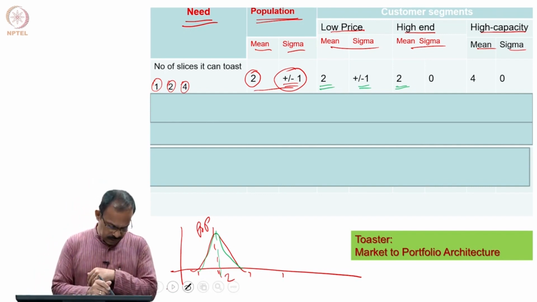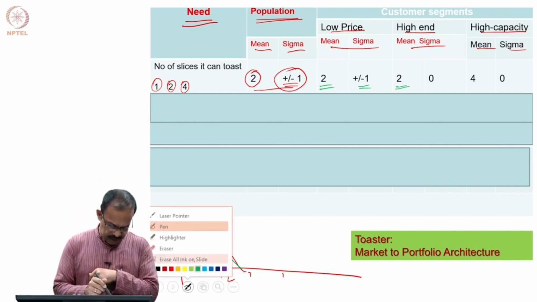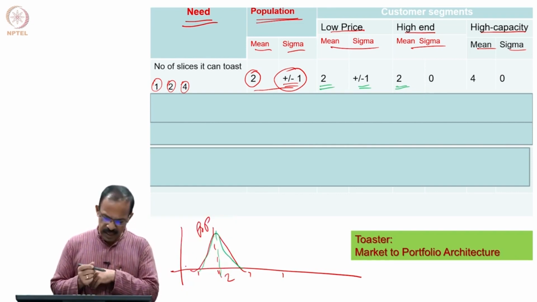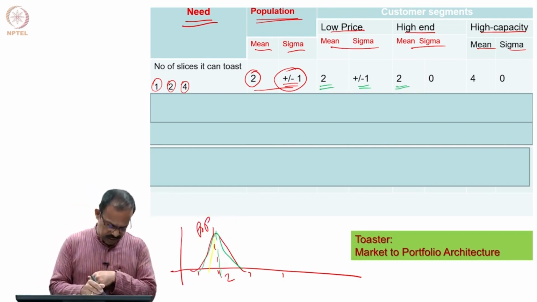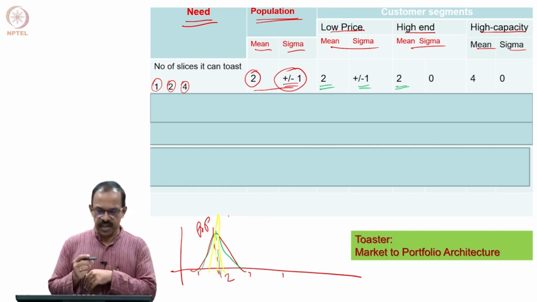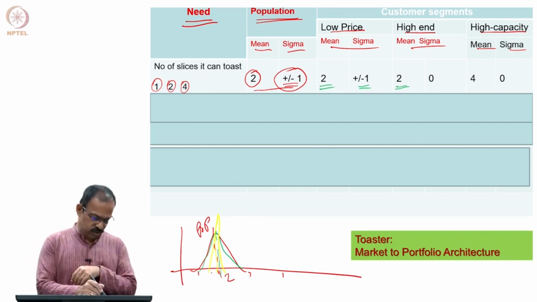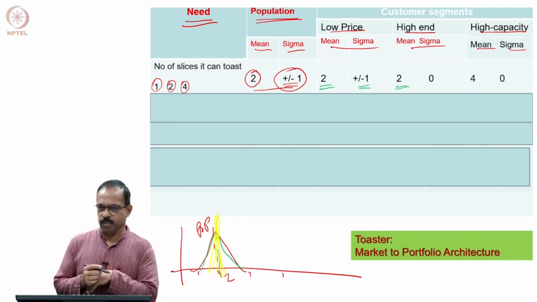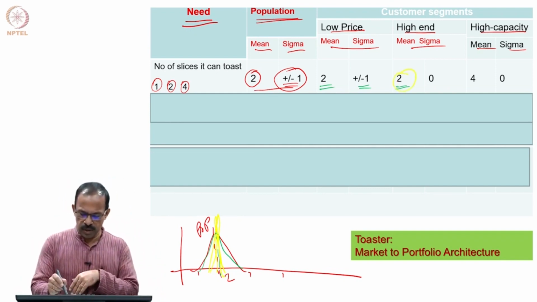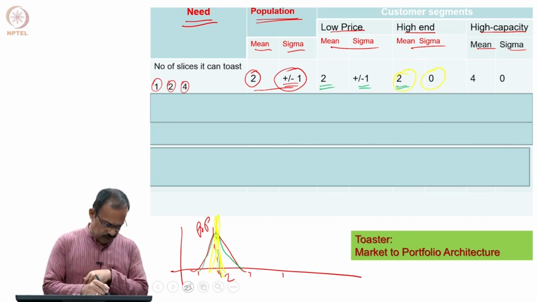They are also saying their requirement is 2, but their sigma is very low, 0. That means they are saying this is our requirement, that is 2, but the standard deviation is 0. So, it is almost like a straight line here. So, they have 2 and 0 as the mean and standard deviation.